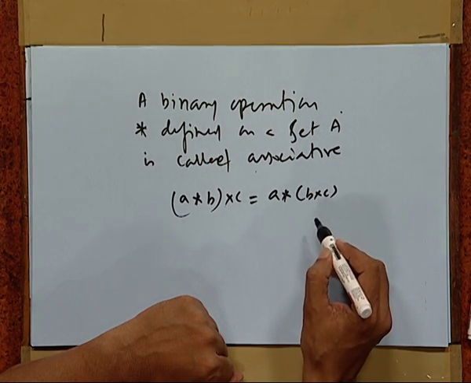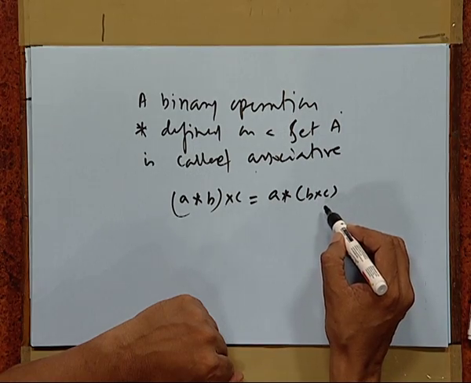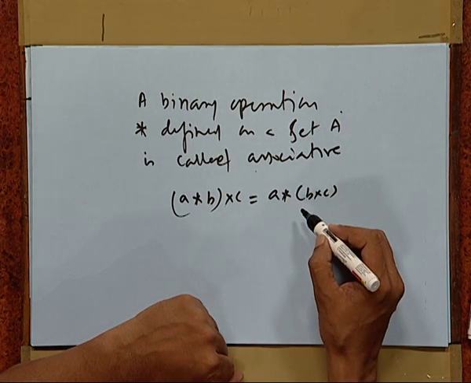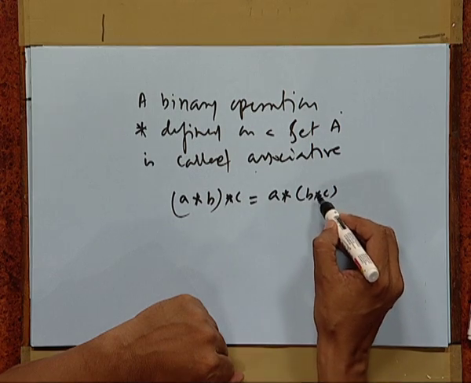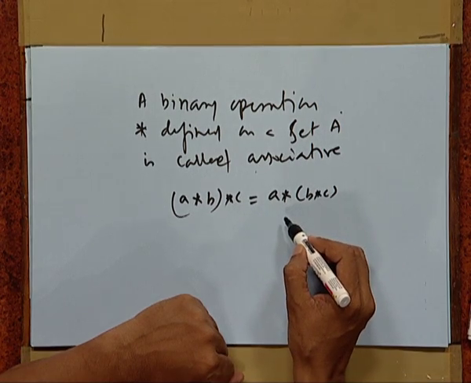Look here, the bracket is first with A and B. In the second case it is B and C. If both of these give same result, we say the operation is associative. Our operations usually addition and multiplication, they follow this law, but even in life this law is not always followed.